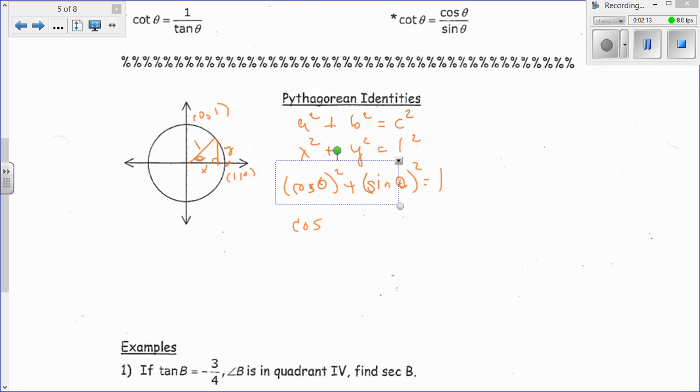So it's cosine squared theta plus sine squared theta equals 1. This is one of our Pythagorean identities. Okay? And I could prove this to you that it works.